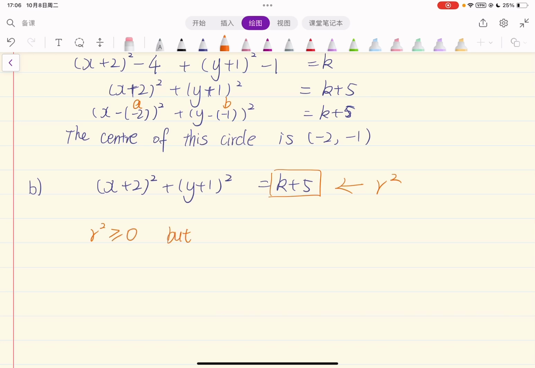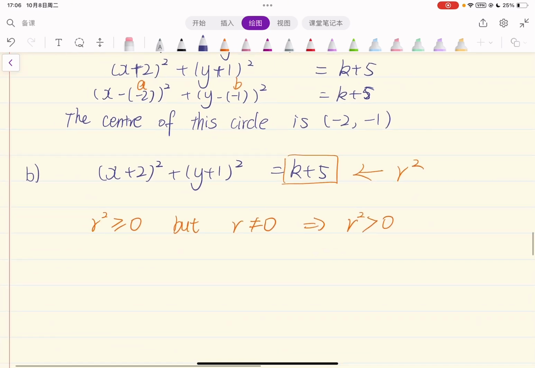But you need to remember that radius cannot be 0 for any circle, which means r squared is greater than 0, but does not equal 0. So we have r squared equals k plus 5 greater than 0. Implies that k is greater than minus 5. So that is a range of k.